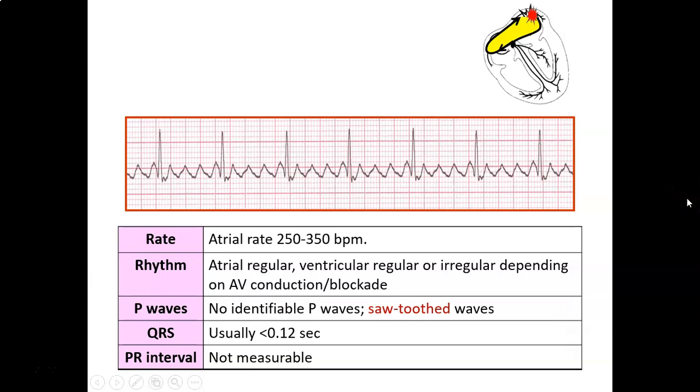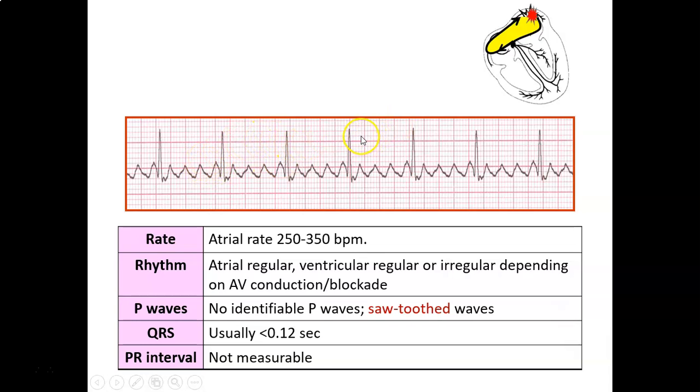Look at this important rhythm strip. Here, we are talking about the ventricular rate. It's less than 100. It's regular, so we can apply the 6-second method or large box method.